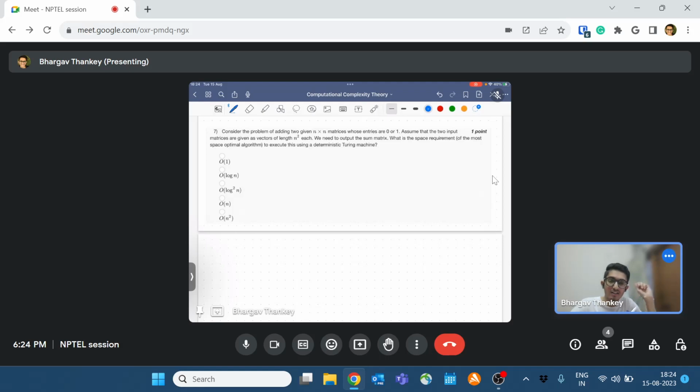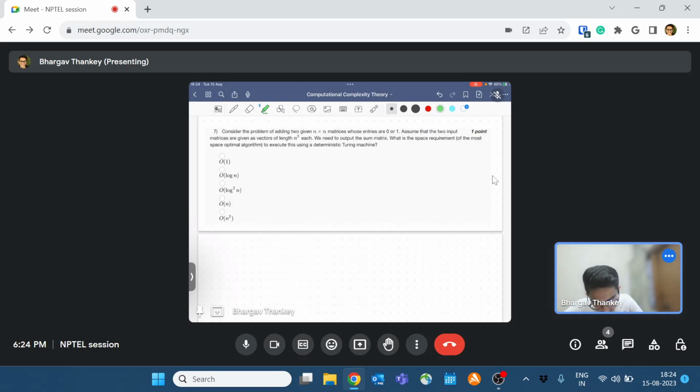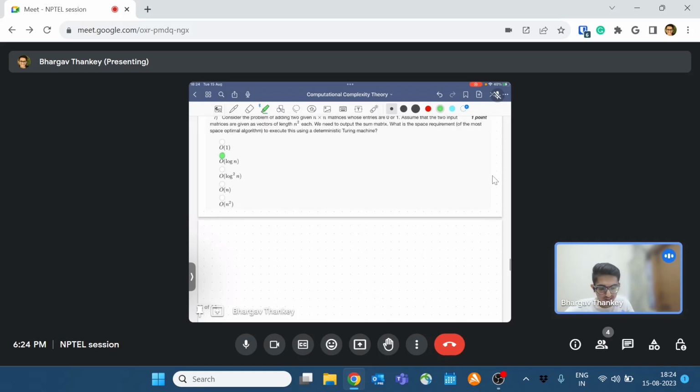But basically, I require the log of the n square thing to store everything. That's order log n, right? Yes. And the reason is basically this.